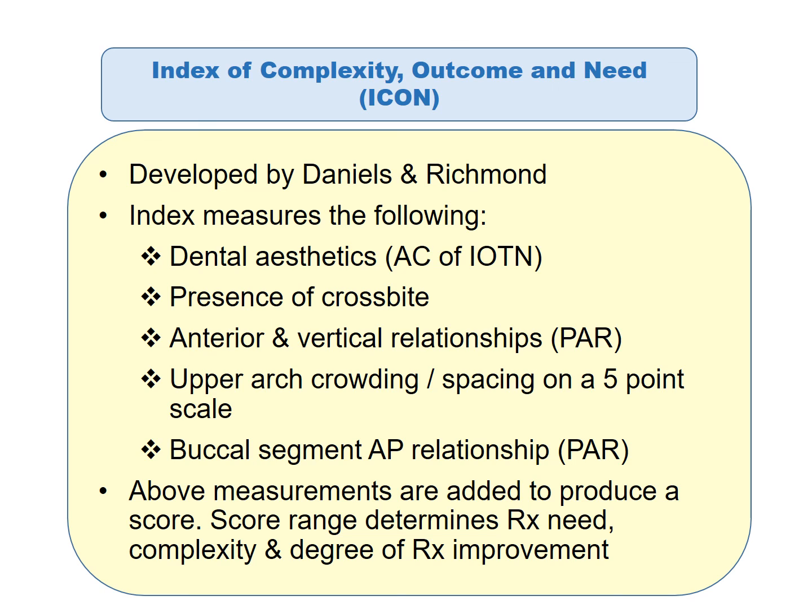Now, the next index we're going to talk about is the Index of Complexity, Outcome and Need, going by the acronym of ICON. This was developed by Daniels and Richmond. The index measures the following: the dental aesthetics as given by the aesthetic component of IOTN, the presence of crossbite, anterior vertical relationships as determined by the PAR index, upper arch crowding and spacing on a 5-point scale, and buccal segment anterior posterior relationship as determined by the PAR index.